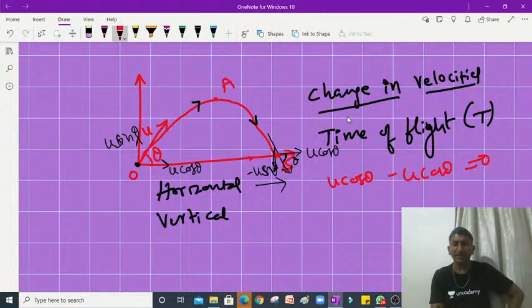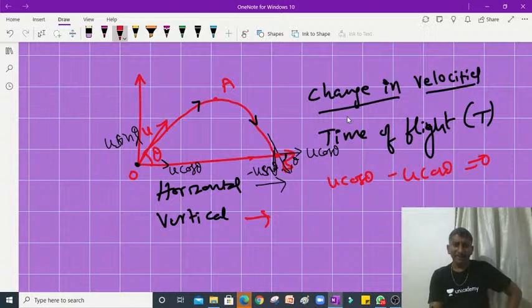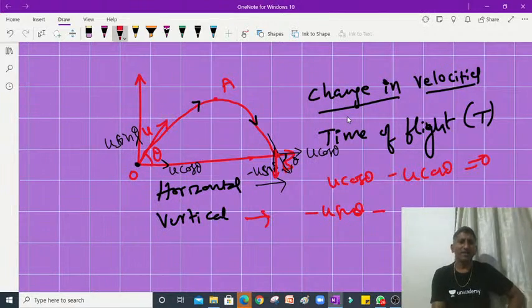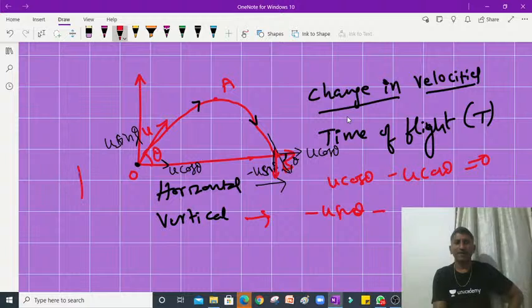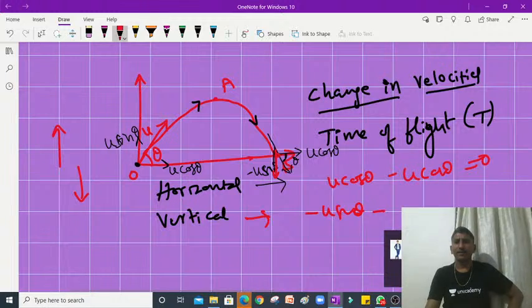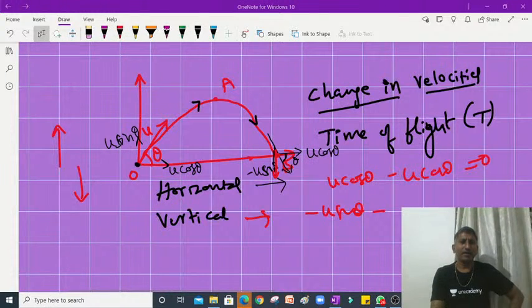And coming to vertical direction, what happens? In case of vertical direction, here in this direction u sin theta is acting with a minus sign, so minus u sin theta. The initial velocity is in this direction, u sin theta is acting. You have to see the components, the vertically downward component and the upward component here. So minus u sin theta we are writing here, and here plus u sin theta.